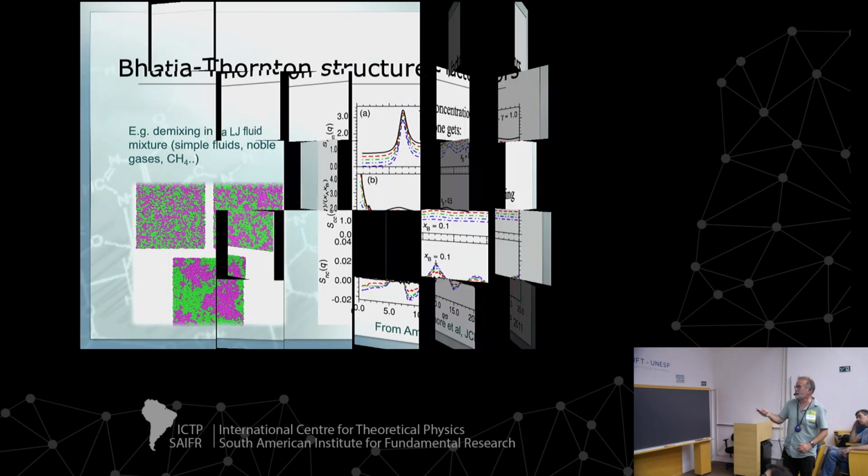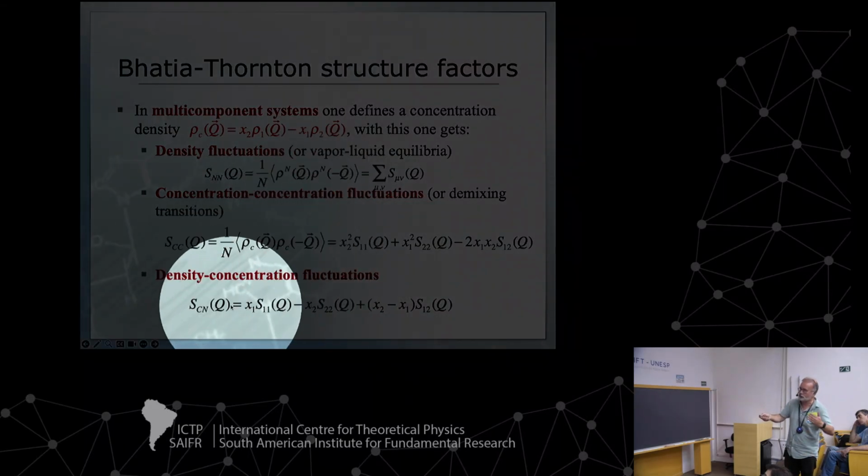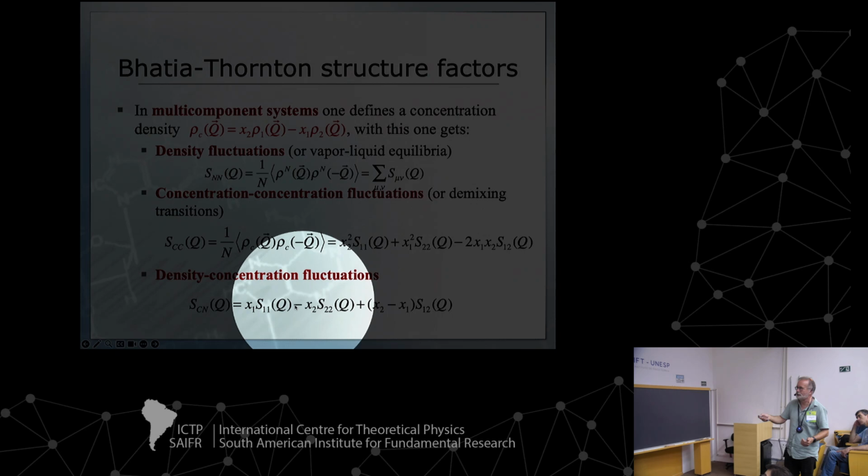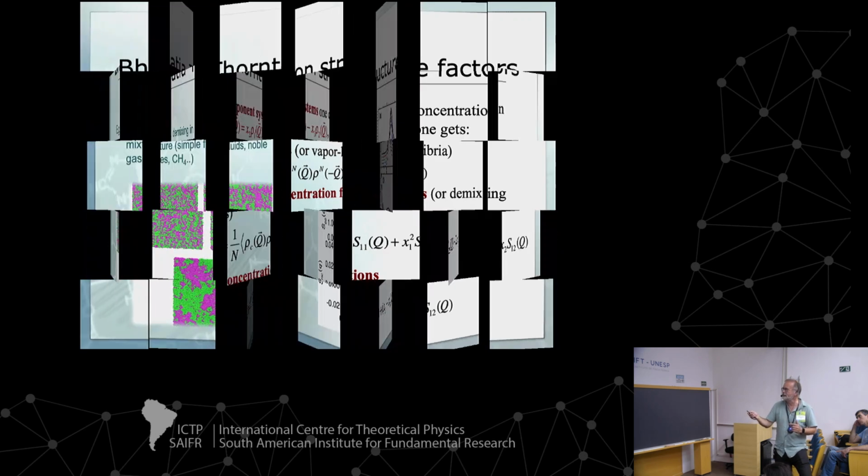The other quantity that I didn't mention is the cross quantity, the density-concentration fluctuation, which is, well, not that interesting. You could take a look at this in the case that the mixing and vapor-liquid transition are associated. That might be the case in some instances.